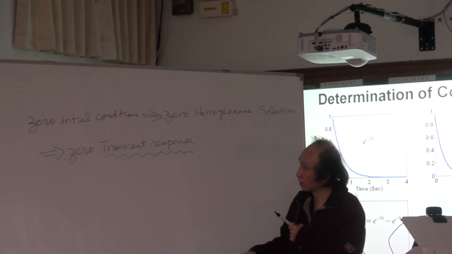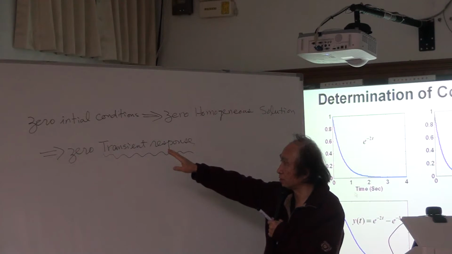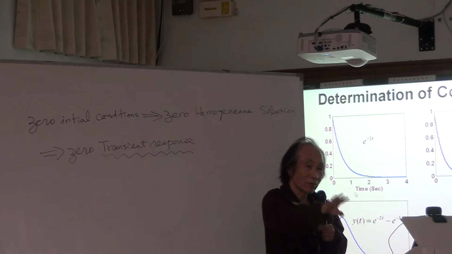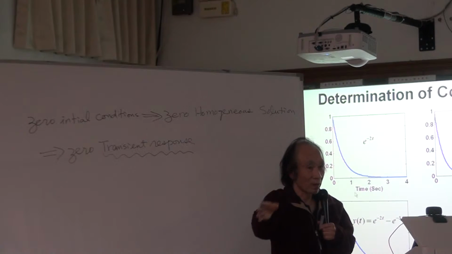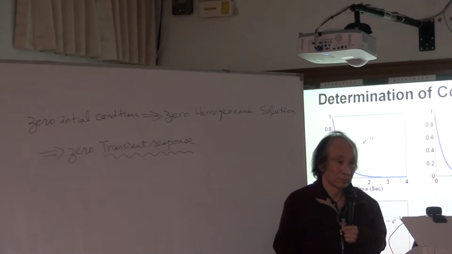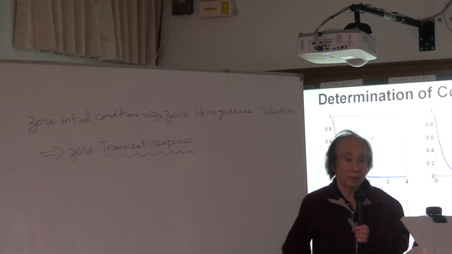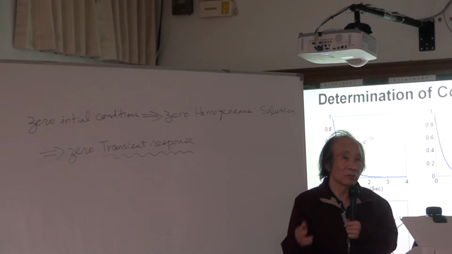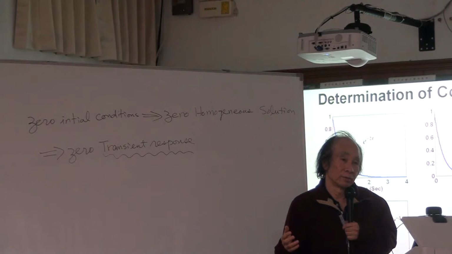In other words, even if you have initial conditions, 4 seconds later your transient response is gone. For example, if my building is vibrating because of a typhoon, when the typhoon is gone, in a few seconds my building won't move anymore.